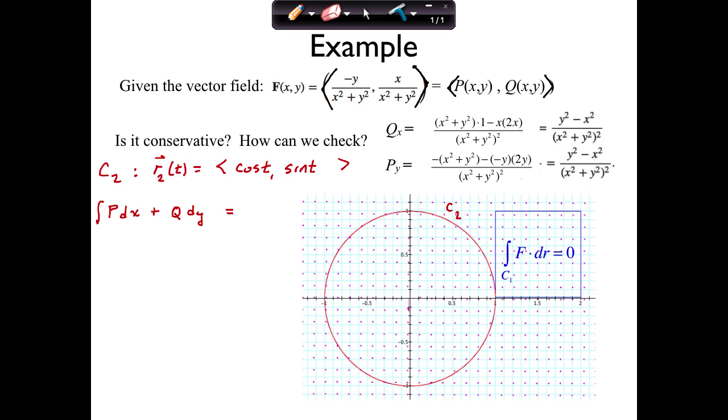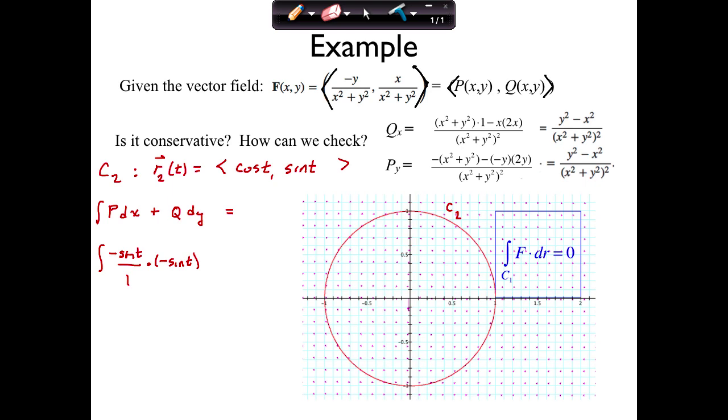And so we need P in terms of t. What's P in terms of t? Negative sine over x squared plus y squared, which is cosine squared plus sine squared, 1. That's nice. Times dx, which is the derivative of x times dt, negative sine.